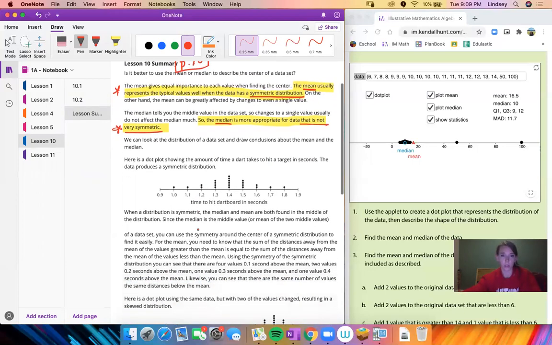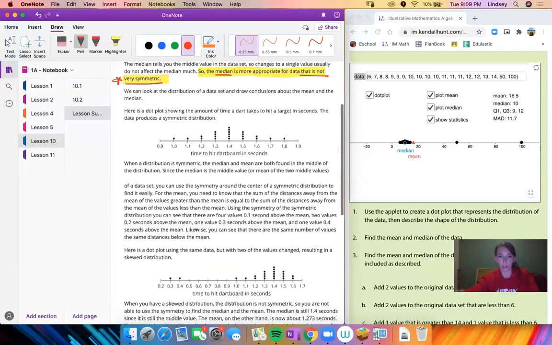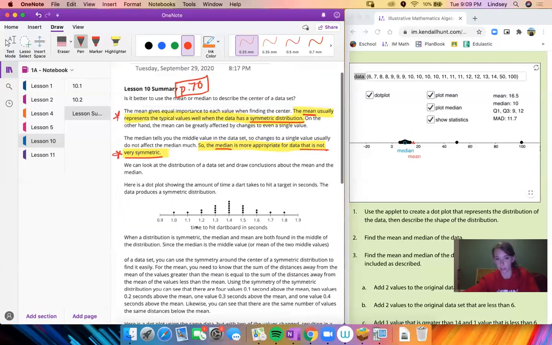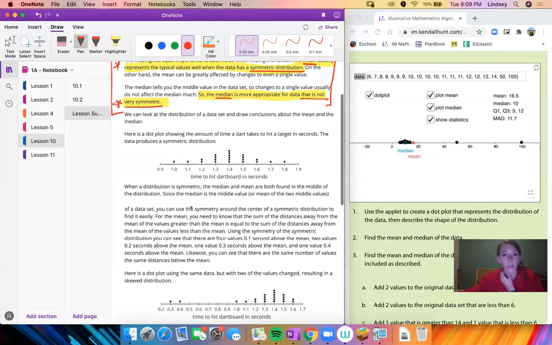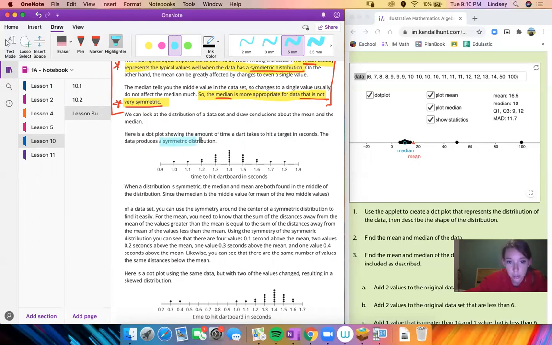Okay, so we're going to skip down a little bit. I'm not going to read all this stuff because there's just a lot of words, just to show you the most important part of this right here. But I do want us to look at these two graphs. It says, here is a dot plot showing the amount of time a dart takes to hit a target in seconds. The data produces a symmetric distribution, and we can see that.